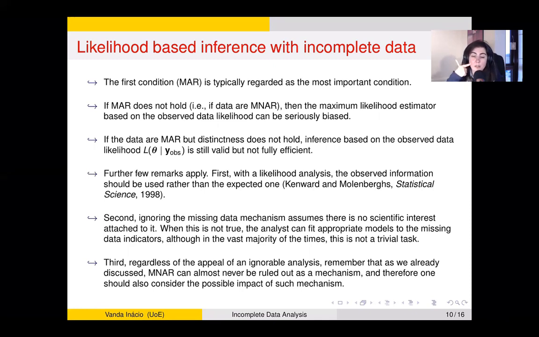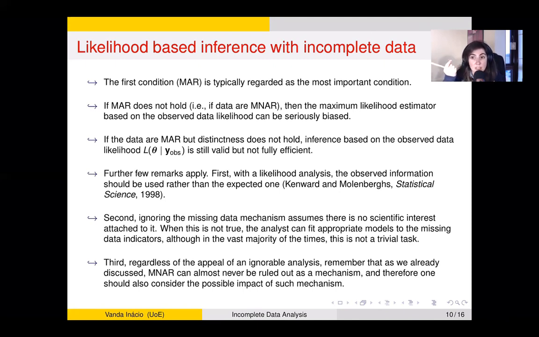And also, this is the eternal question: ignorability is a good thing. It allows us to perform maximum likelihood estimation using only the likelihood of the observed data. But remember that we can never rule out missing not at random.